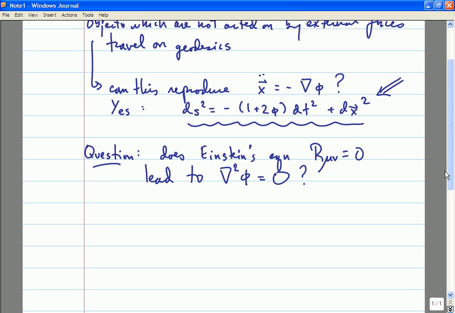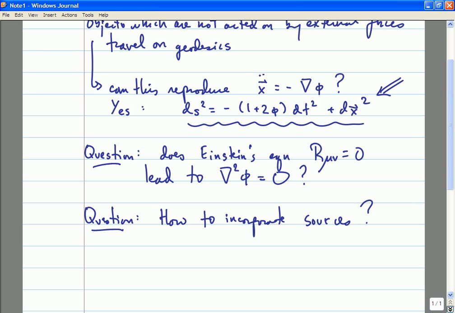And the second question is how we incorporate sources. So how does matter or energy, which is present in space, lead to the curvature of space-time?